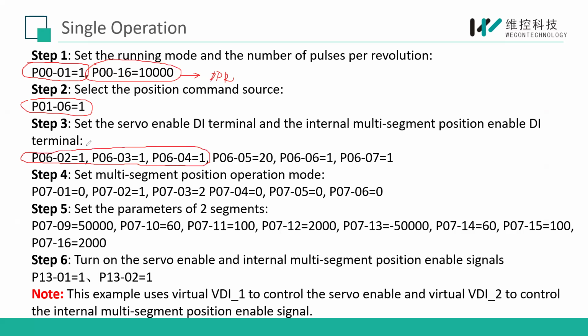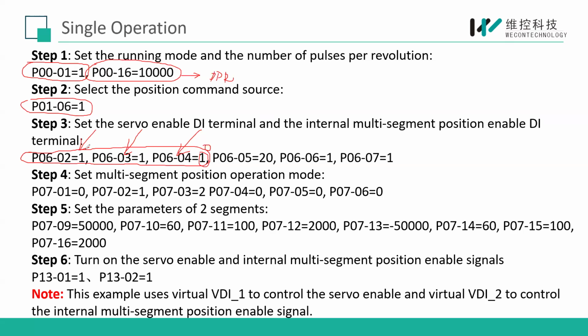Why set like this? First, DI2 is used for enable, and this is the logic, and this is the control source. 1 means virtual setting, and 0 means hardware input.